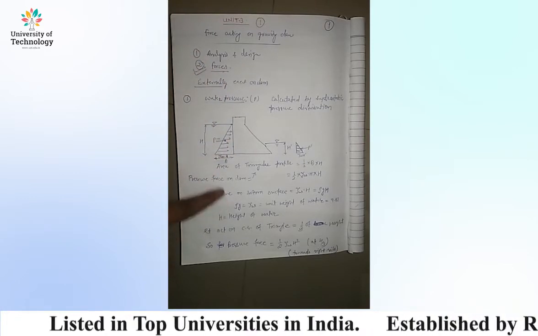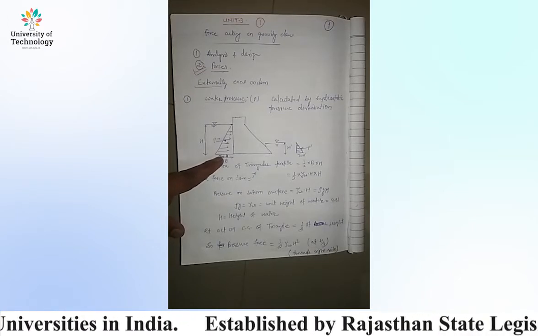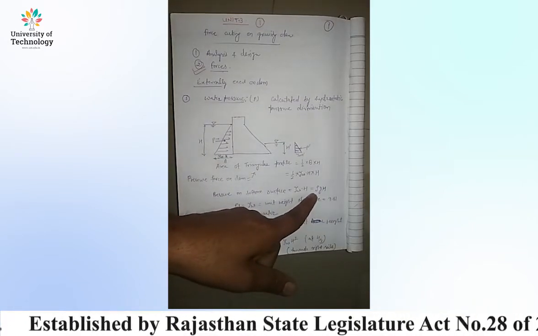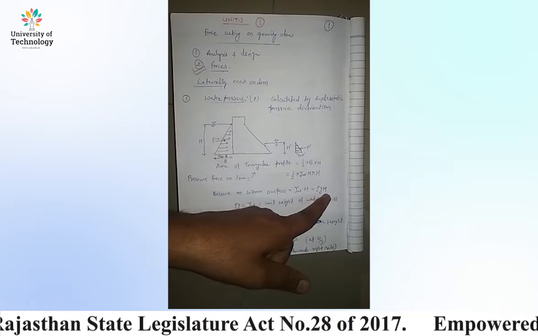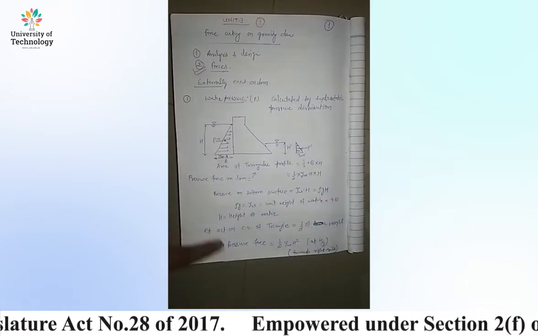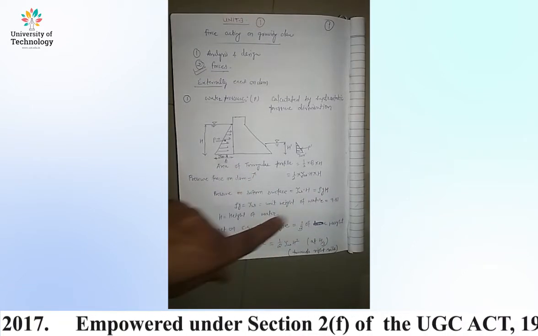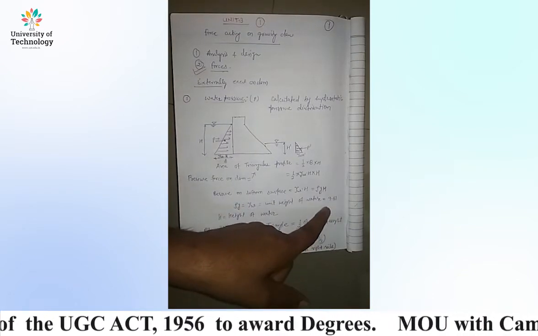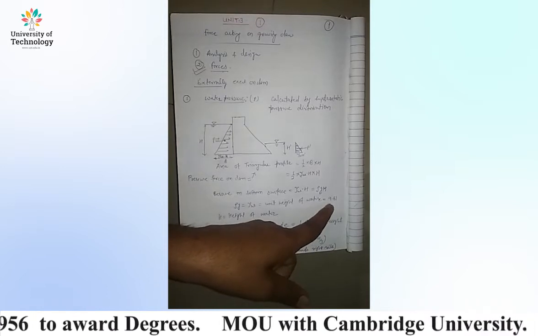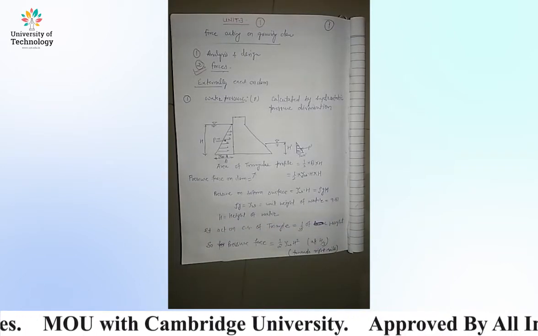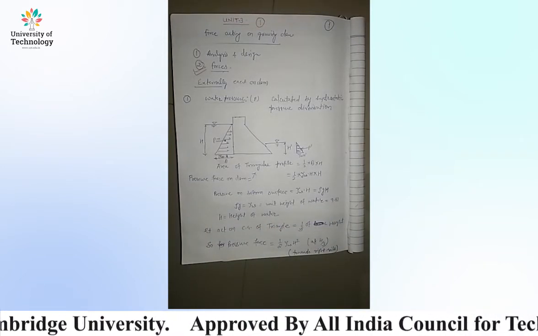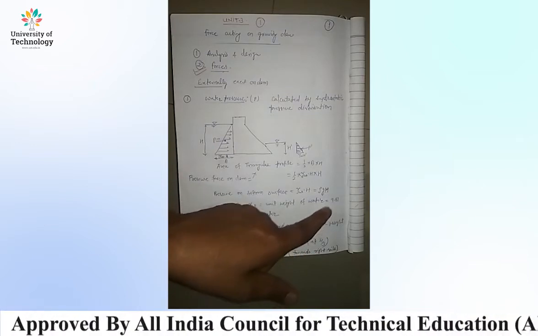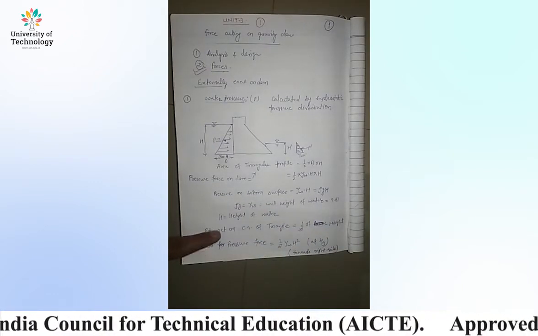So this is the pressure on the bottom surface, also known as rho G H. What is rho G here? Rho G equals gamma W, the unit weight of water, that is 9.81, and for approximation we can take 10 in place of 9.81.